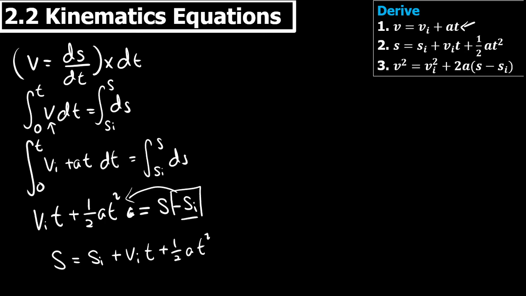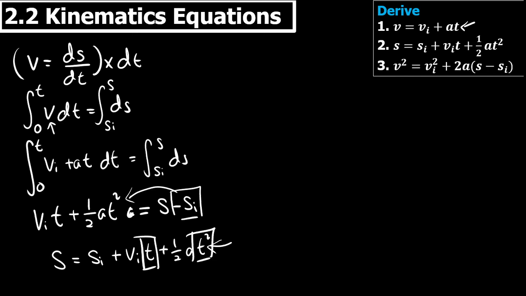What I want to point out at this point is that displacement is a function of time, best described by a polynomial of a quadratic nature. So if we were to draw this out, we would have a parabolic path.